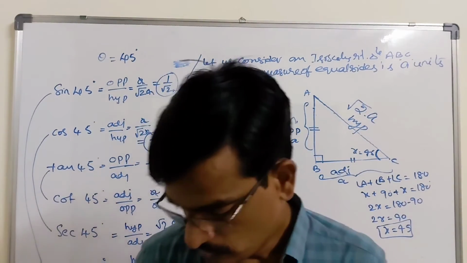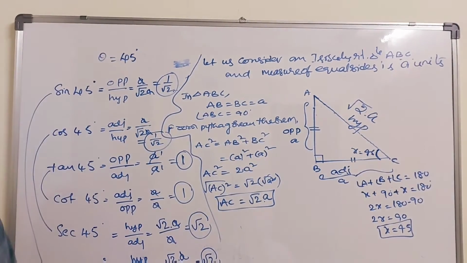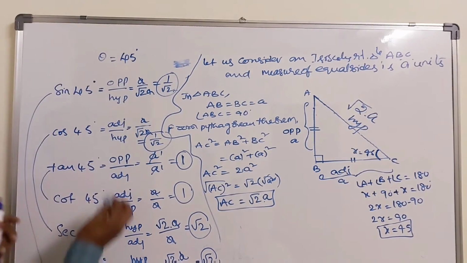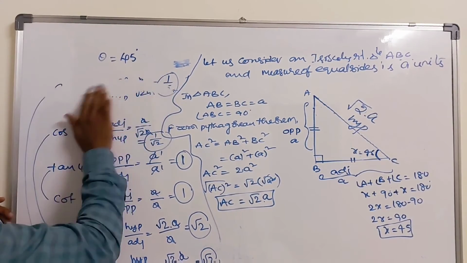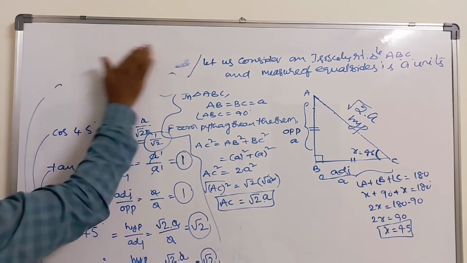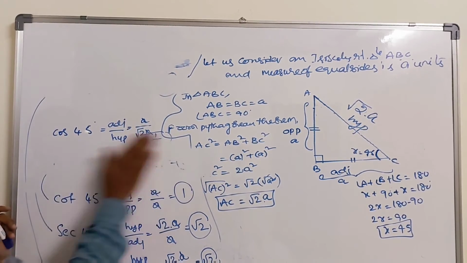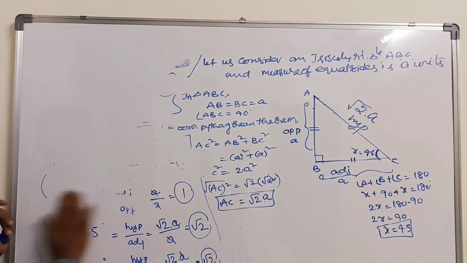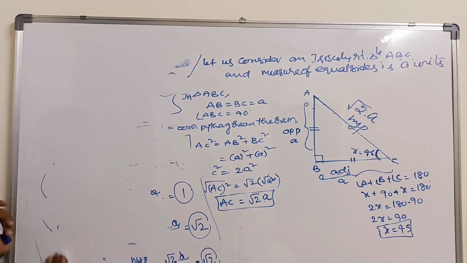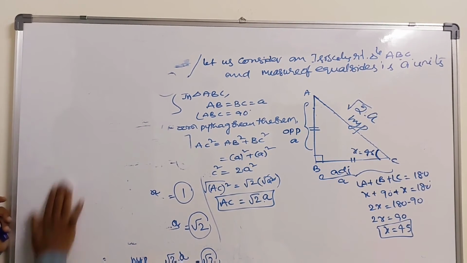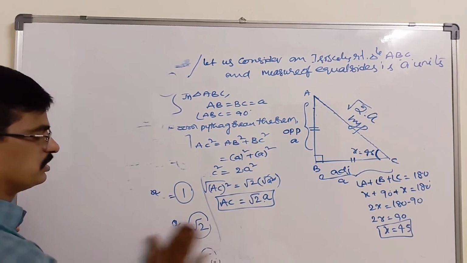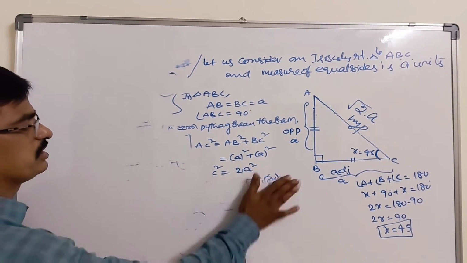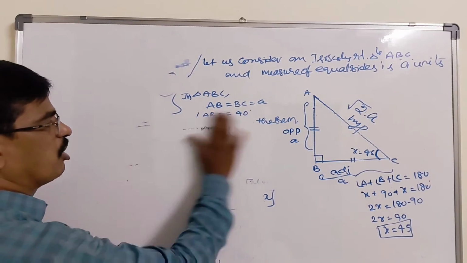Now, after finding all these values, we want to write all these things in a tabular form. Before writing the tabular form, I will give a tip, a shortcut to write all things and remember them for a long time.